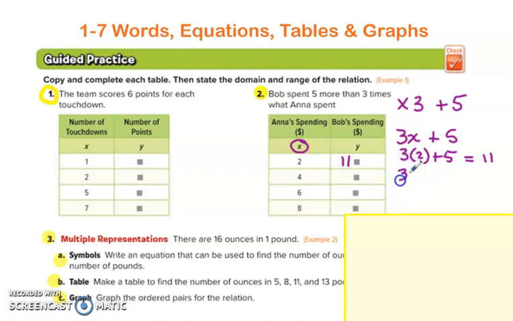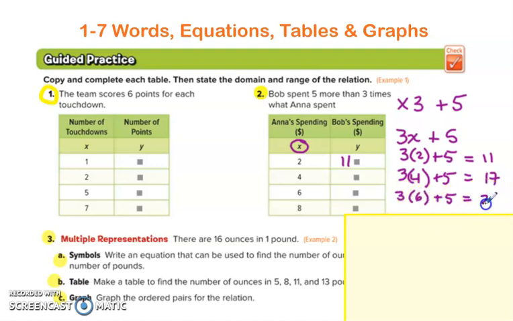Okay, let's keep going on this. We've got 3 times, what is the x that we're going to be doing now? It's going to be 4 plus 5. So that's going to be 12 plus 5, which is 17. Then we've got 3 times 6 plus 5, and that's going to equal 18 plus 5.